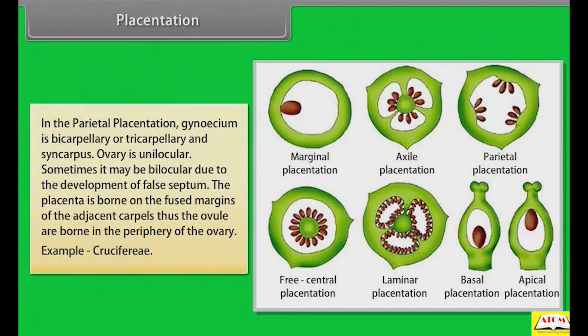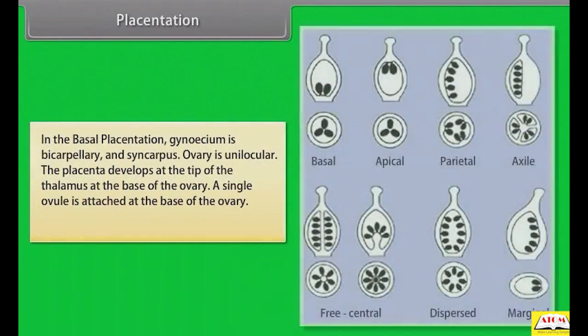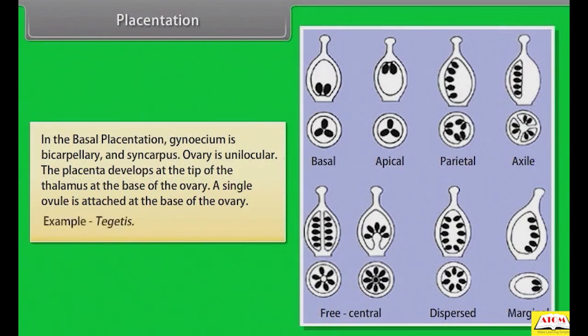Example: Cruciferae. In the basal placentation, gynoecium is bicarpellary and syncarpous. Ovary is unilocular. The placenta develops at the tip of the thalamus at the base of the ovary. A single ovule is attached at the base of the ovary. Example: Tagetes.